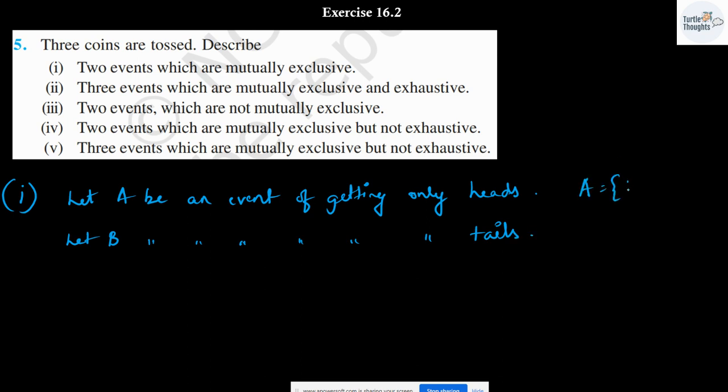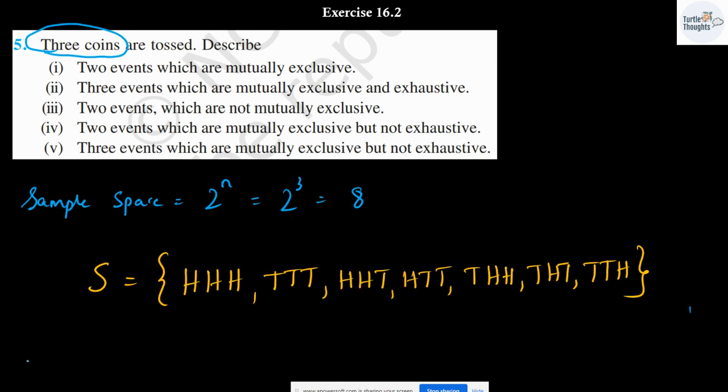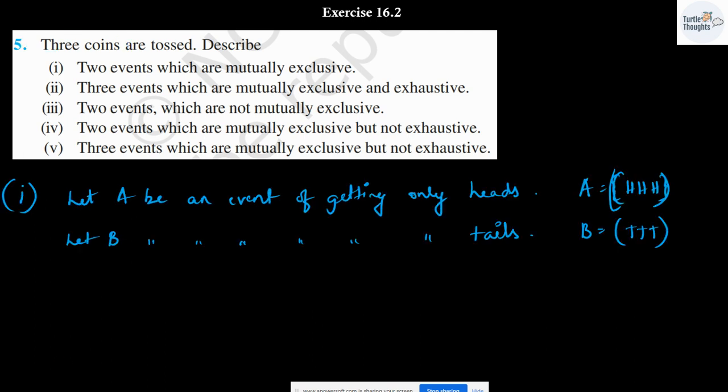A is going to be HHH. B is going to be TTT. Only heads and only tails. A and B have no common elements.